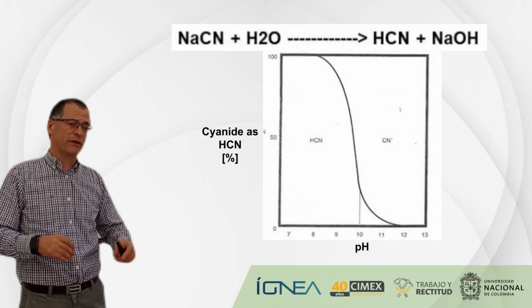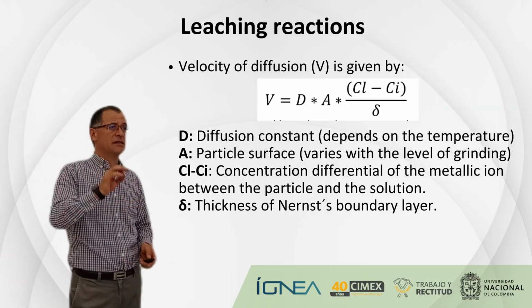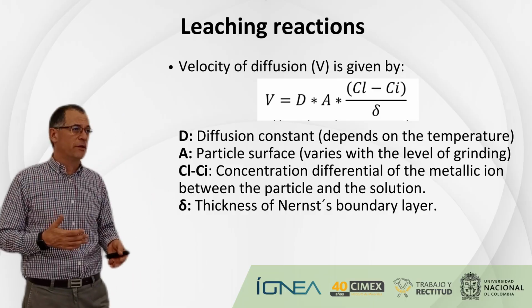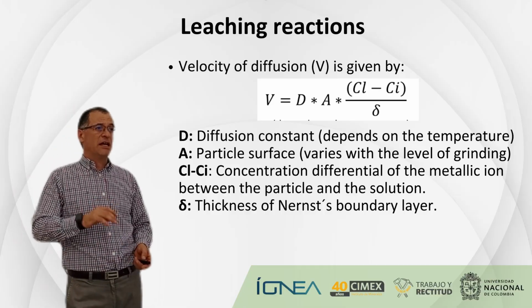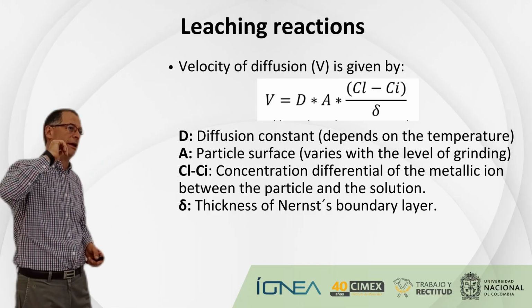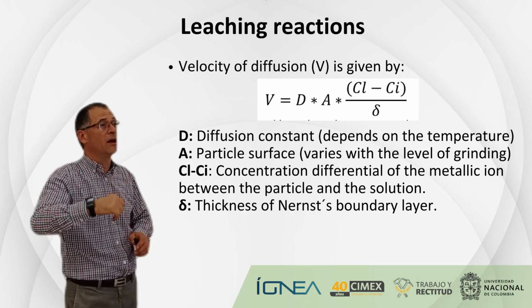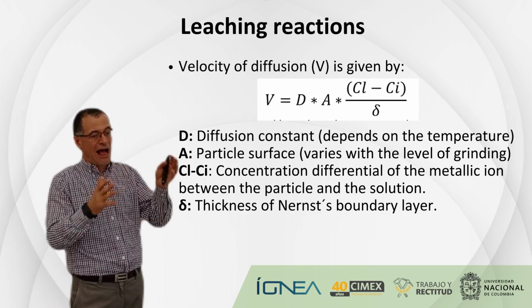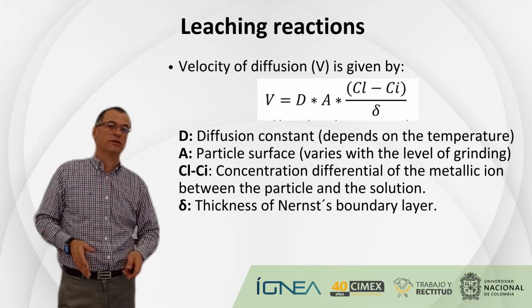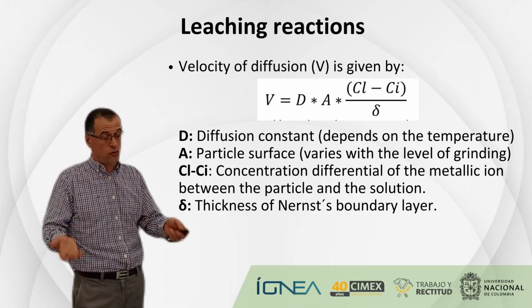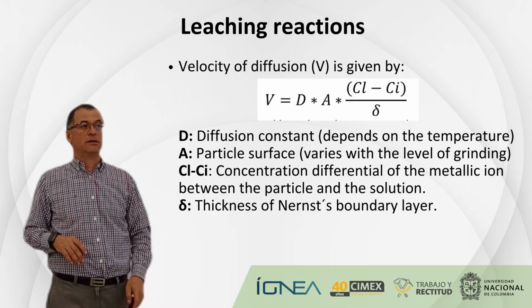From the point of view of the kinetic aspects, it's necessary to define the velocity of the diffusion or the velocity of the reactions, and in that sense, it's necessary to define the diffusion constants, the particle surface, and the concentration of the ore in the solution in order to define the characteristics.